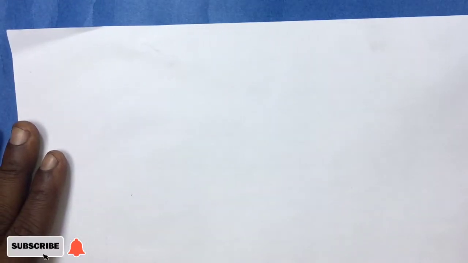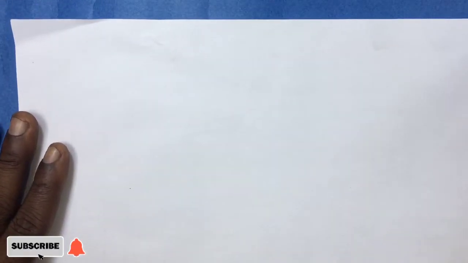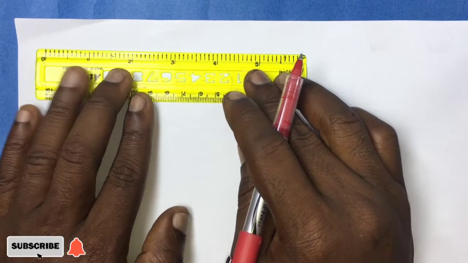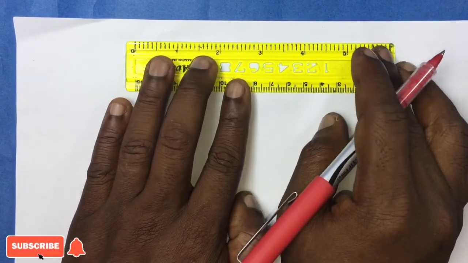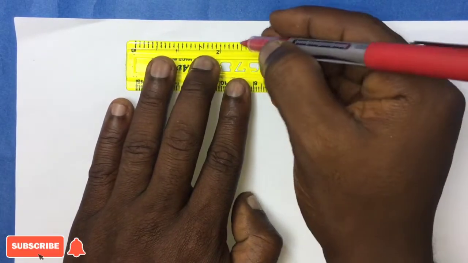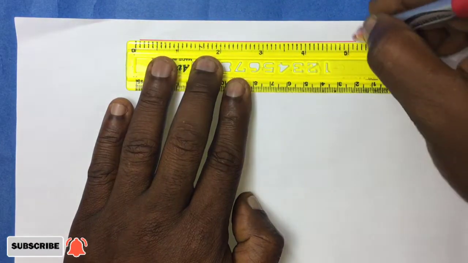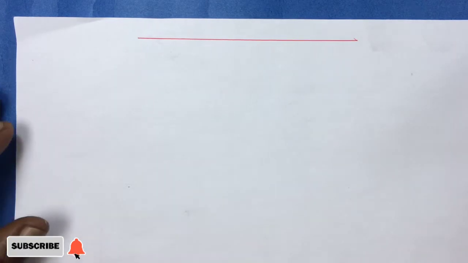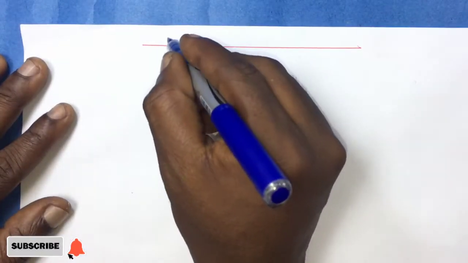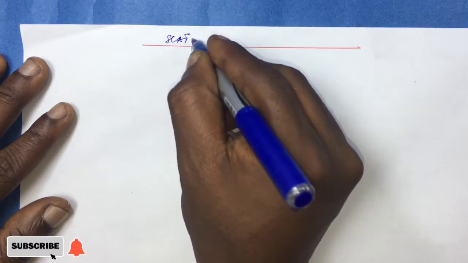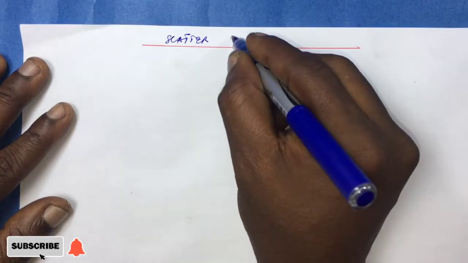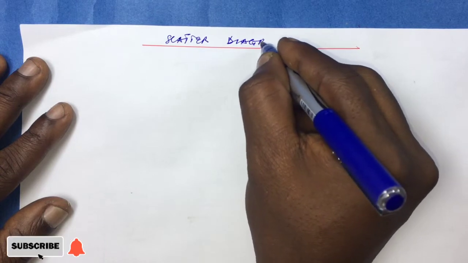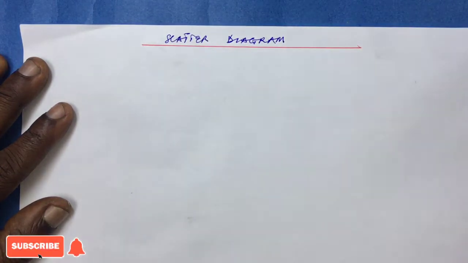So what next are we going to discuss in this video? The next thing I want to discuss is the idea of what is called a scatter plot, or a scatter diagram. Remember, our focus in the end will be to clearly define correlation and regression.